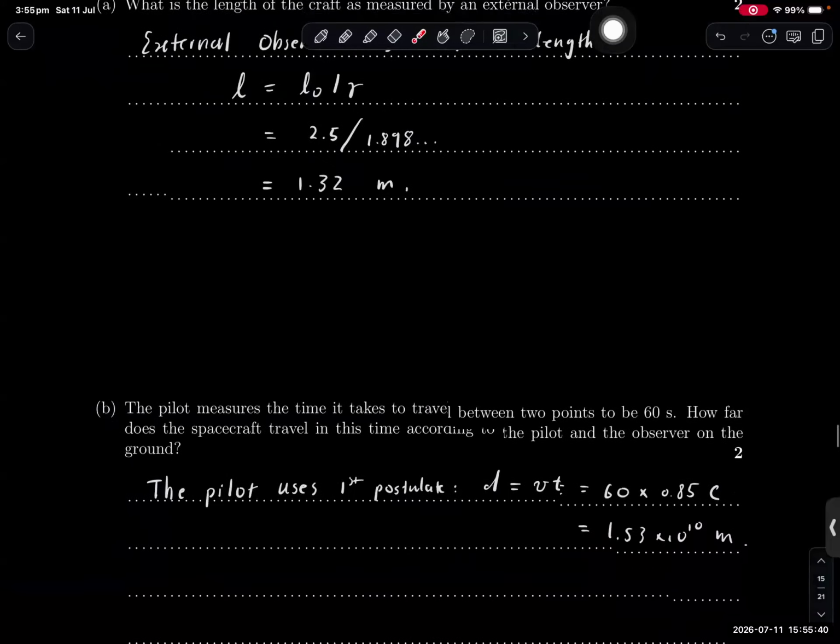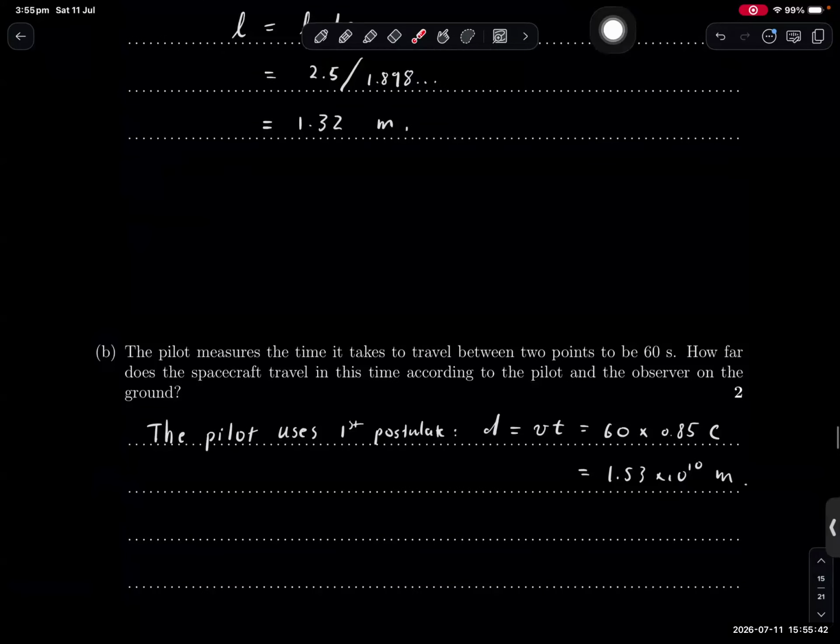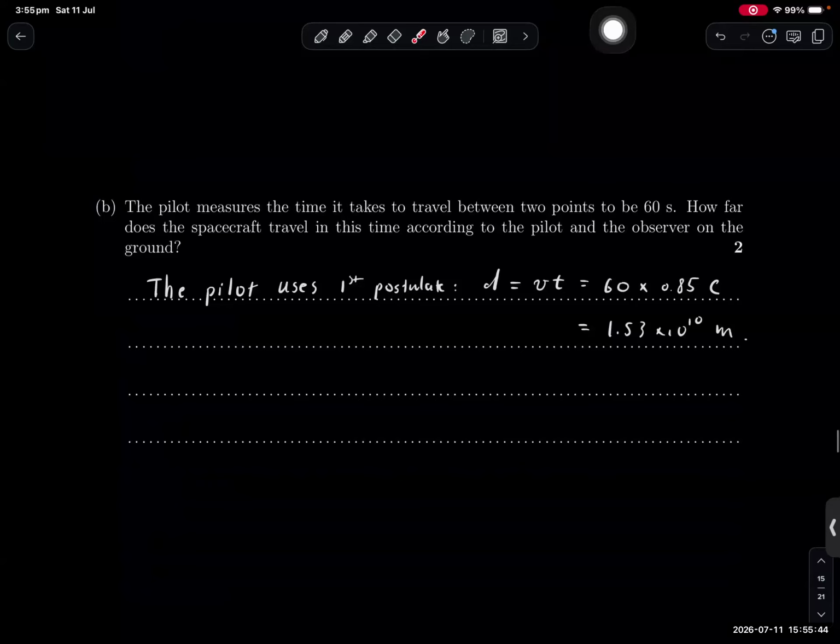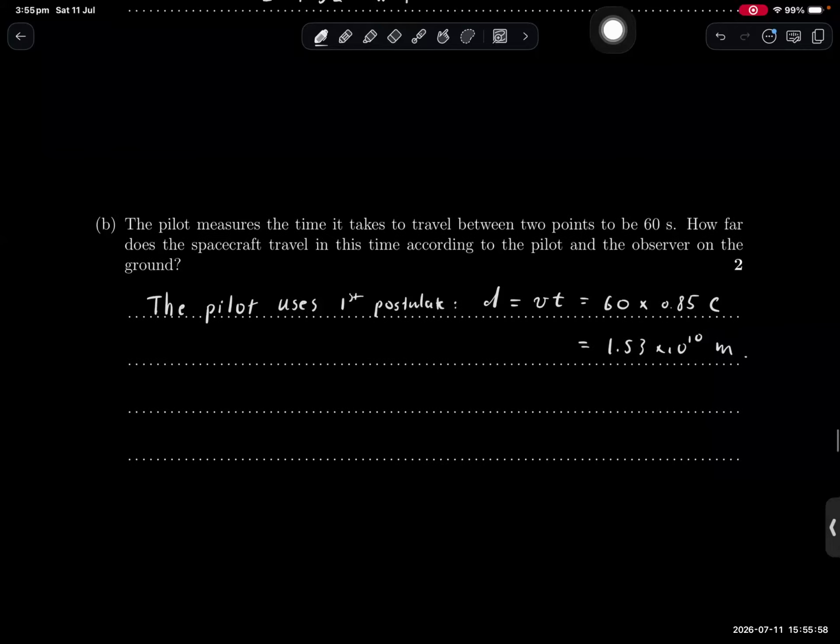Question B, the pilot measures the time it takes to travel between two points to be 60 seconds. How far does the spacecraft travel in this time, according to the pilot and the observer on the ground? In terms of the pilot, he sees the distance to be 1.53 times 10 to the power of 10 meters. You just use the kinematics equation.